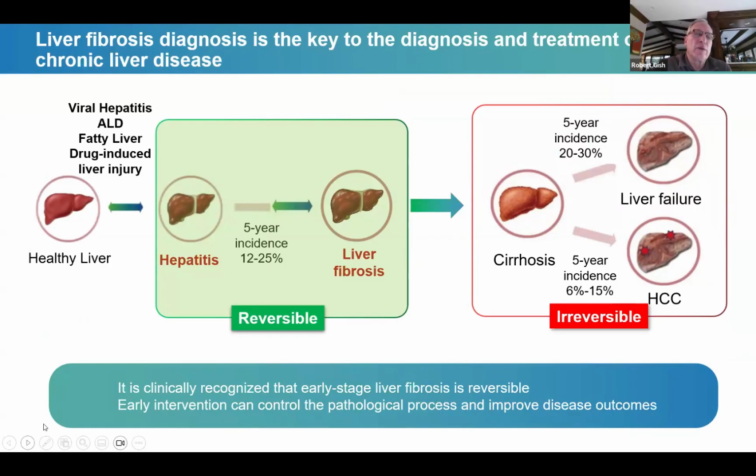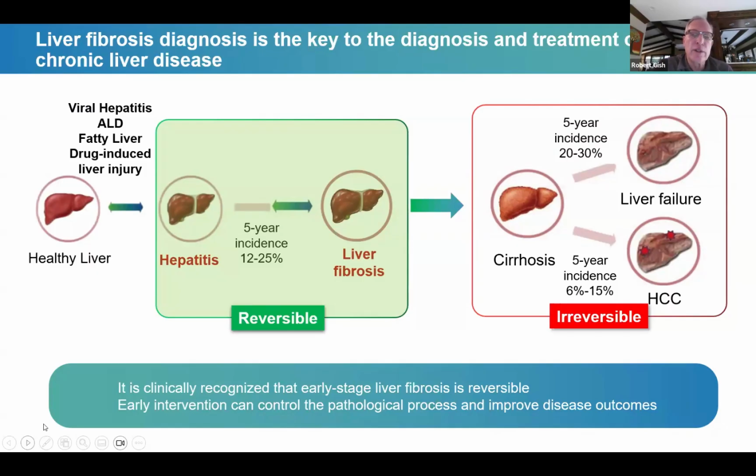Once you've diagnosed some type of liver disease, staging is absolutely essential, and this helps allocate patients to different care pathways. Patients have very, very mild fibrosis. They require less resources, less monitoring, less laboratory, less clinic visits. Those with more advanced disease, especially those with cirrhosis, need ongoing surveillance for liver cancer.